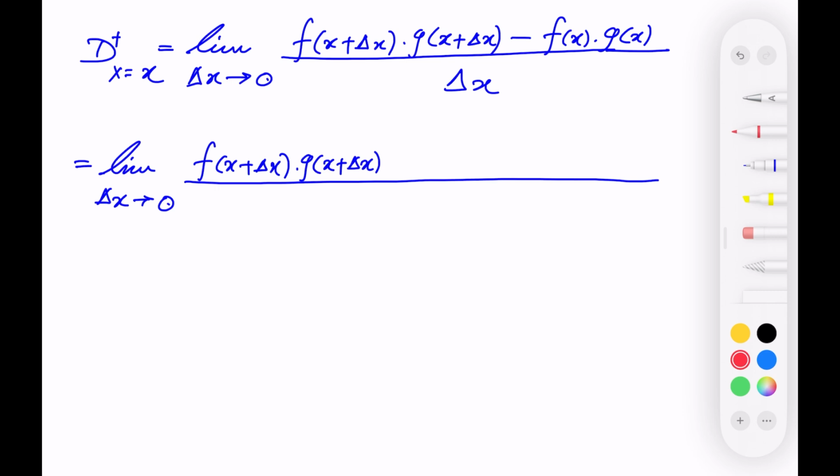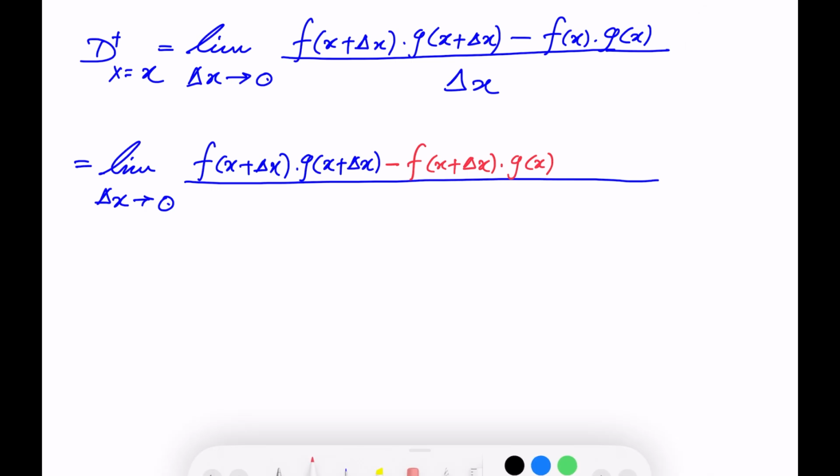So the term that I'm going to subtract is, I'm going to minus f of x plus delta x times g of x. I need to also go ahead and add that same term onto the numerator so that I haven't changed the given problem. So I will plus f of x plus delta x times g of x. And I should not forget to minus f of x times g of x.